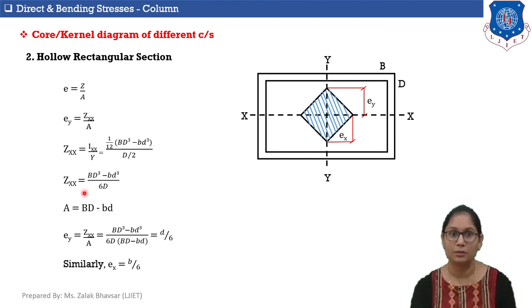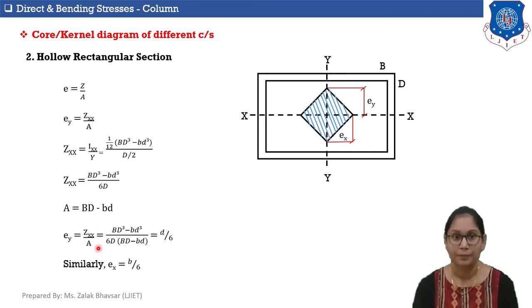So, if I put Zxx and A in equation of ey, then I will get ey is equal to Zxx upon A, where Zxx is equal to capital BD cube minus small bd cube upon 6D, and area A is equal to capital BD minus small bd. So, I am getting ey is equal to d by 6.